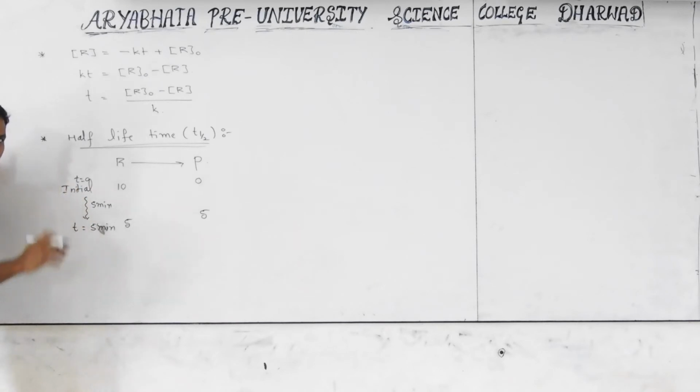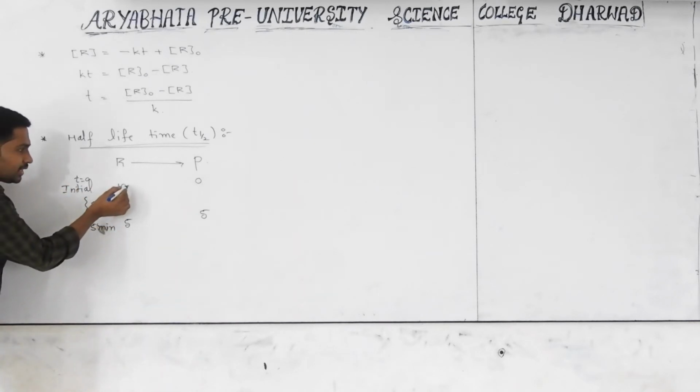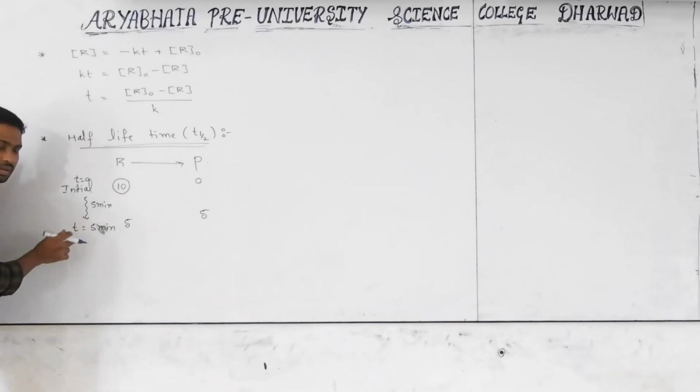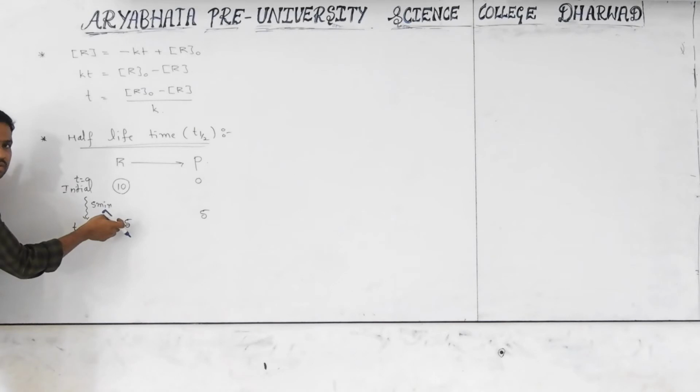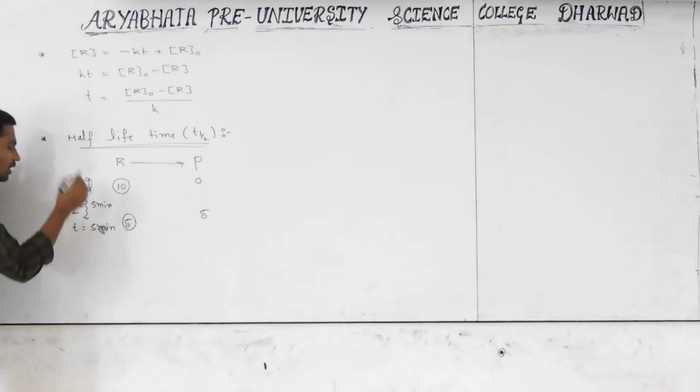Did you observe one thing here? Initially the reactant is 10 molar. Within 5 minutes, the concentration of reactant becomes exactly half of the initial value: 10 becomes 5. So this time duration we call half-life time. Can you tell the definition?